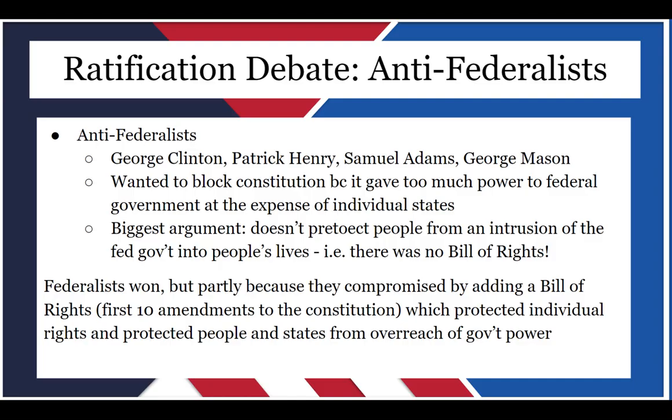And in fact, the Bill of Rights represents the first 10 amendments to the Constitution, of which today we have 27 total. But the first 10 are what we commonly consider the Bill of Rights. And these are added all at the same time. There were 12 proposed, but 10 were actually added. This Bill of Rights protected individual rights, protected people and states from the overreach of government power.